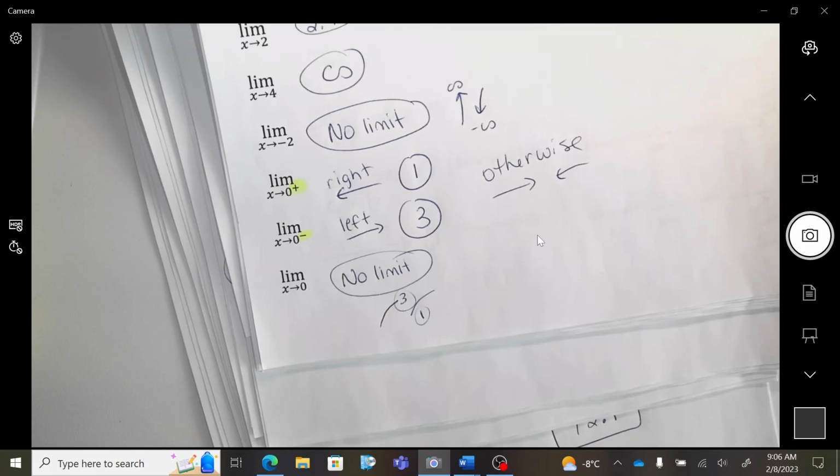Because there's no conclusion of the same result from both directions. One path went one way and another went to something different, so then there's no limit. Okay, so that's it. So if you go different numbers from the two directions, there's no conclusion, there's no limit.